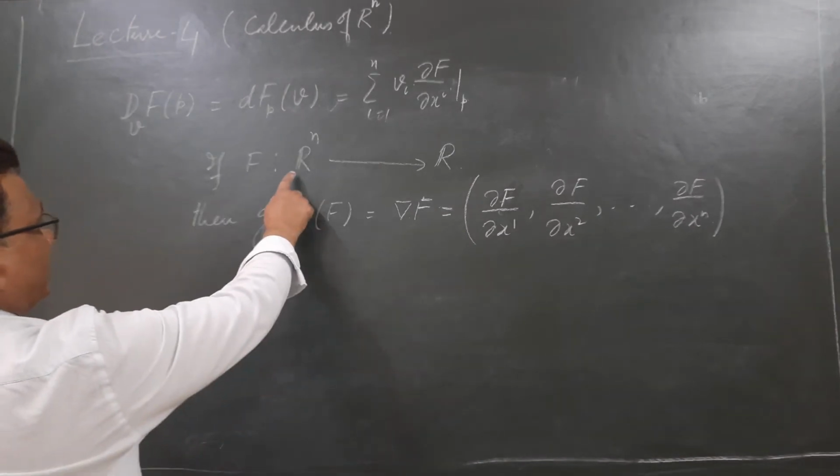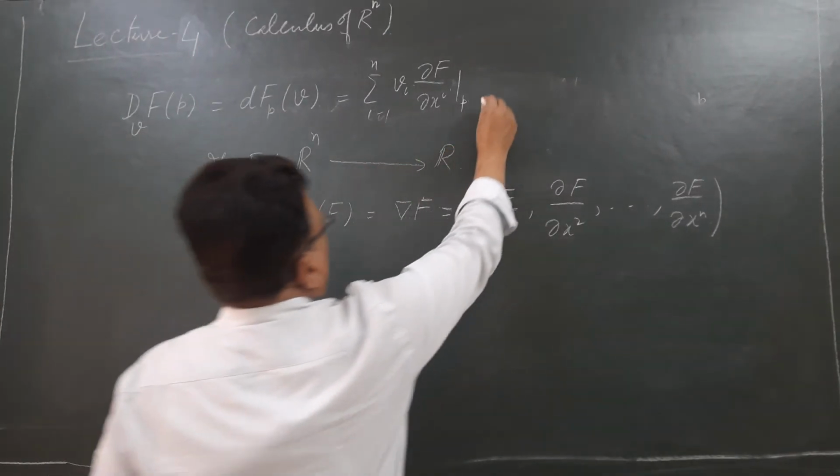Now, if f is a function from Rn to R, look at this last relation.